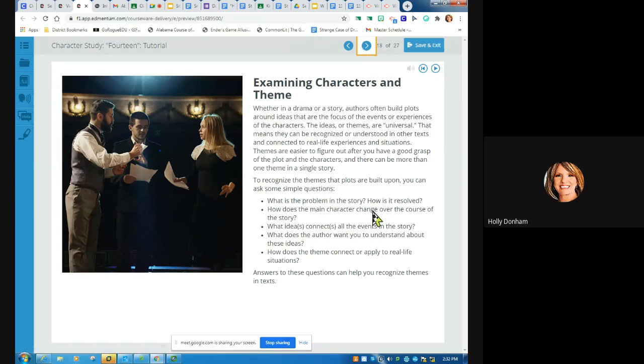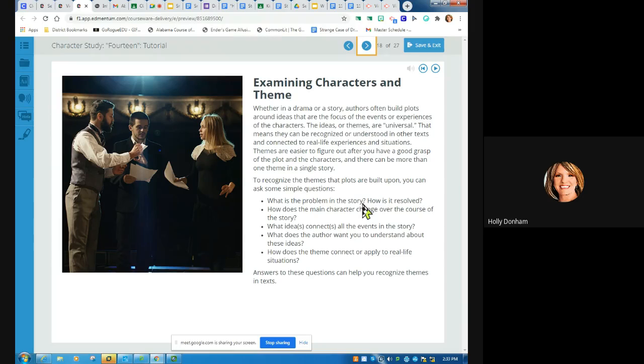Examining characters and theme, okay? Whether you're in a play or a story, authors build plots around ideas that are the focus of the events or the experiences of the characters. The ideas or themes are universal.